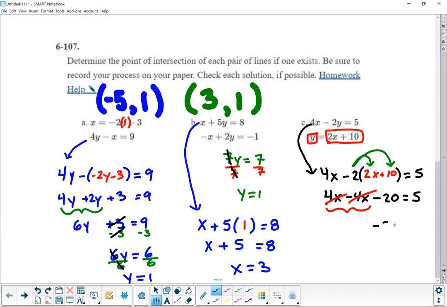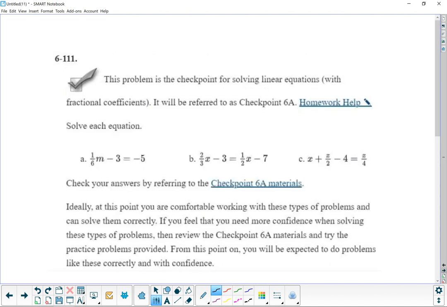So we get a negative 20 equals 5, and this is a false statement. Okay, which means no solution. All right, and then last one.